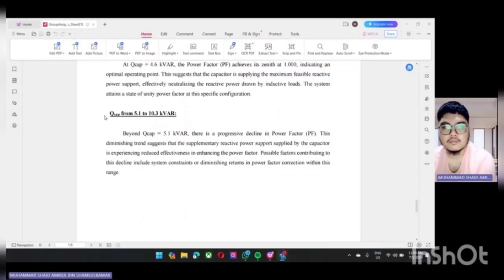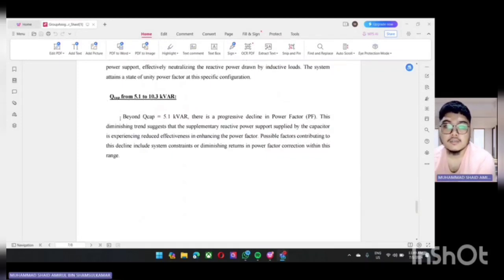Q cap from 5.1 to 10.3 kVAR. Beyond Q cap 5.1 kVAR, there is a progressive decline in the power factor. This diminishing trend suggests that the supplementary reactive power support supplied by the capacitor is experiencing reduced effectiveness in enhancing the power factor.